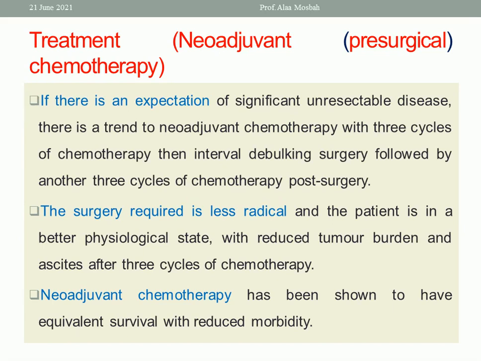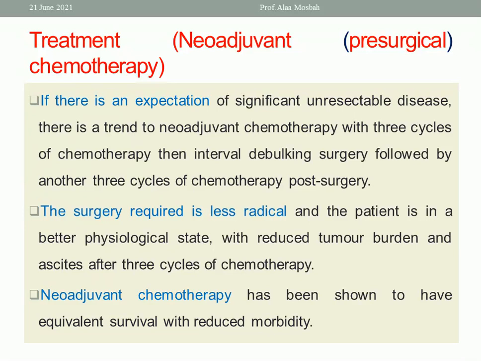Another line of treatment is called neoadjuvant chemotherapy. Neoadjuvant means you give chemotherapy before you do surgery. Why? Because you are trying to make the surgery less radical, and the patient will be in a better physiological state with reduced tumor burden and ascites after 3 cycles of chemotherapy.